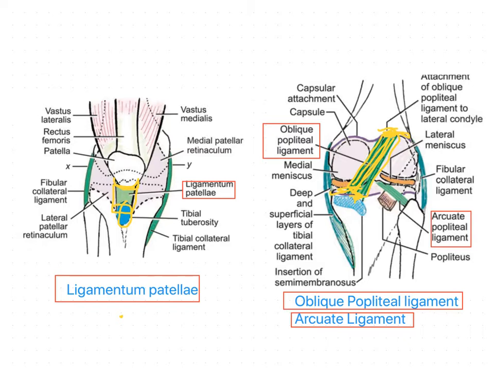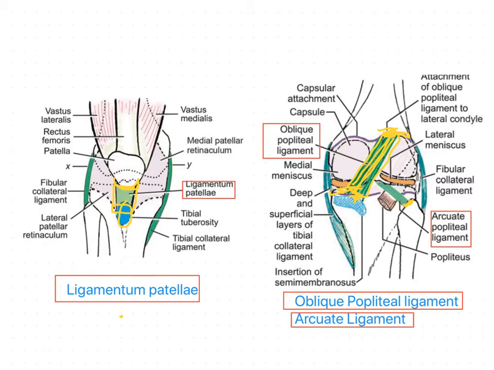The next extracapsular ligament is the arcuate ligament. It actually arises from the posterior expansion of the short lateral ligament at the fibula.